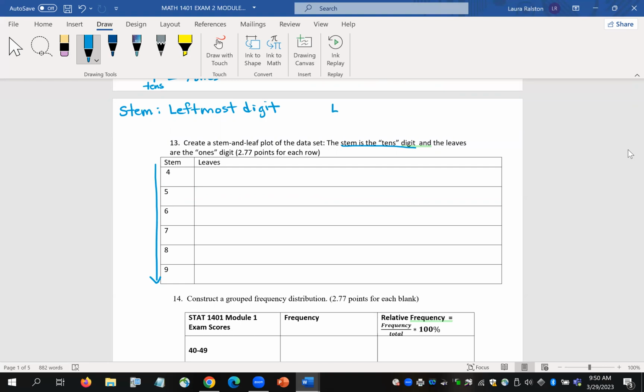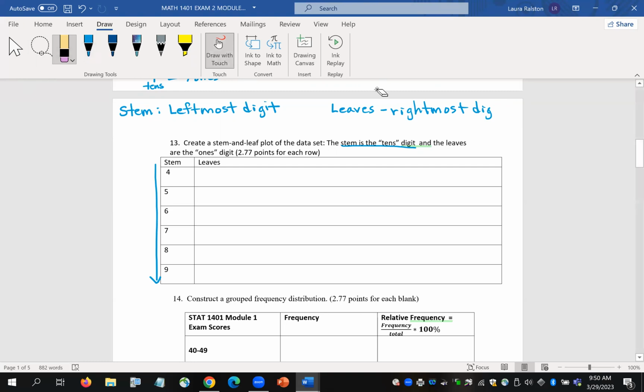In a stem and leaf, the leaves are the rightmost digit. Whoops, got a spelling error there.